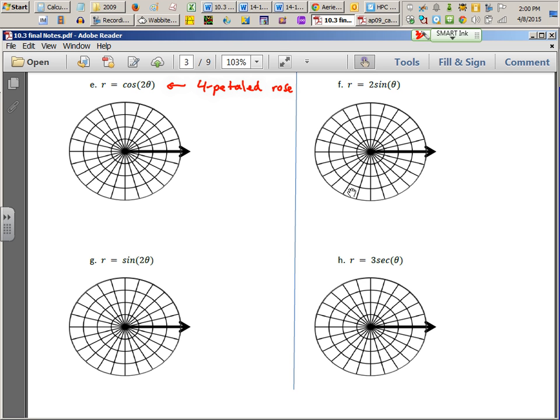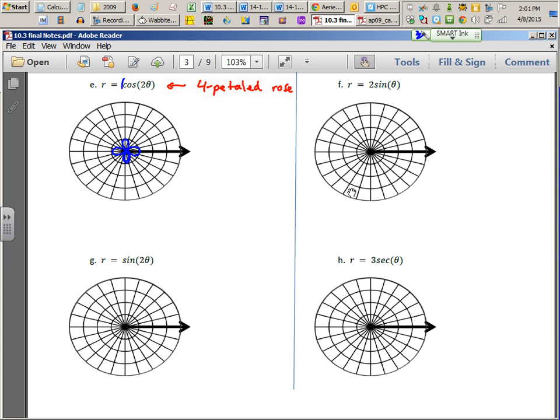And it's a four-petaled rose with specifically petal length 1, so it's going to be a very small rose, and it looks like this. I also know that this rose has two petals on the x-axis and two on the y-axis. In other words, it's standing upright like a cross or a plus sign.